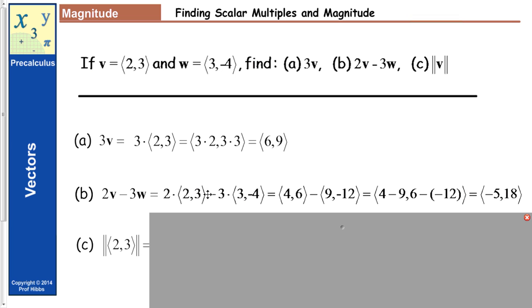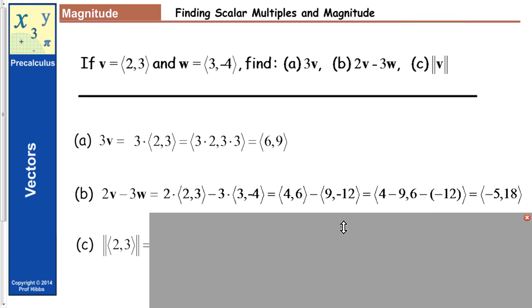Then we subtract 3 times w, which multiplies each component by 3, 3 times 3 and 3 times negative 4, so we get 9, negative 12. To do the subtraction, we simply subtract components. 4 subtract 9 is the first component, 6 subtract negative 12 is the second component. 4 subtract 9 is negative 5, and 6 subtract negative 12 is positive 18.